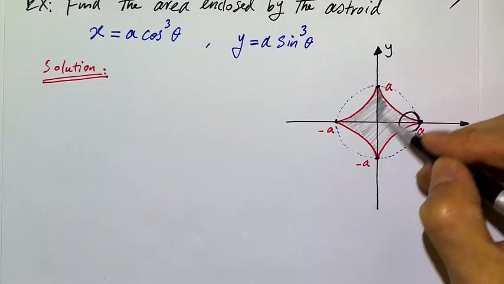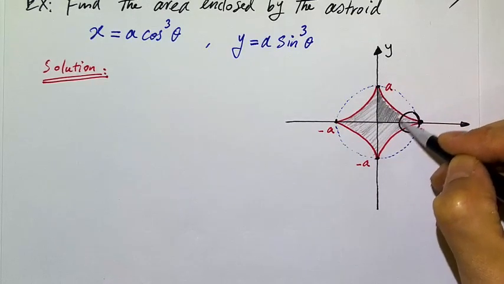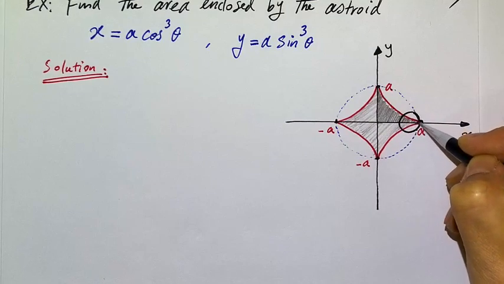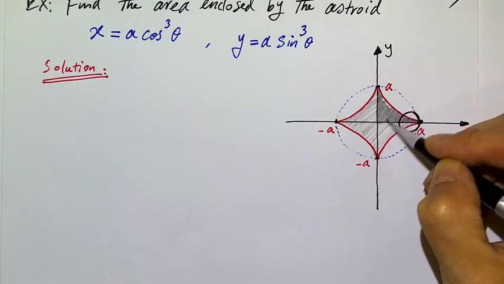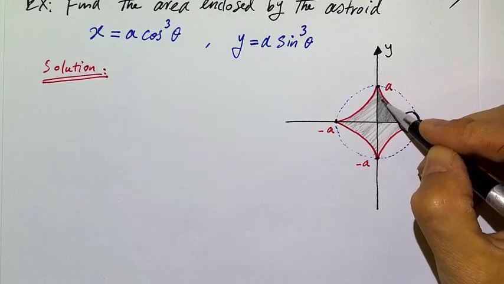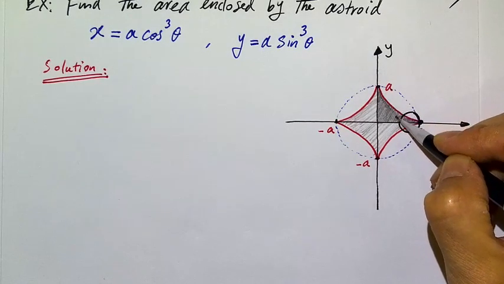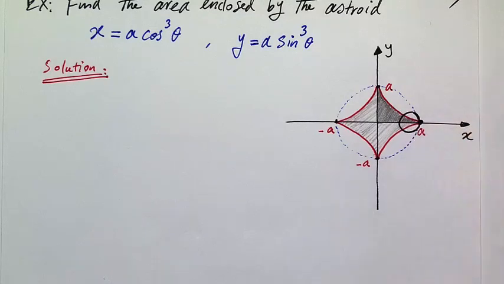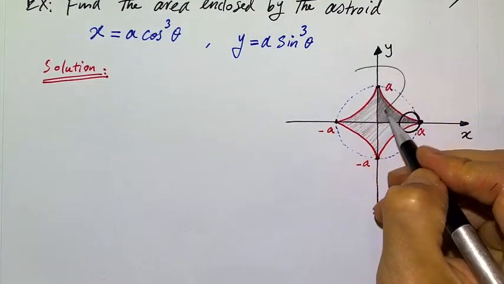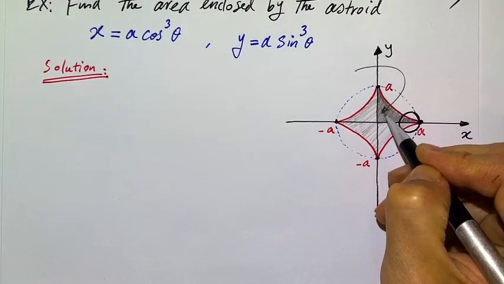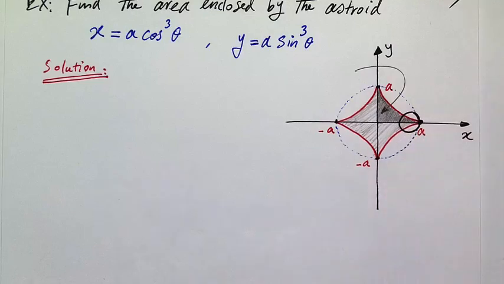We're going to calculate this area, which I'm darkening, that area, and then multiply it by 4. Okay, so let me actually say that. So we're going to do that here.